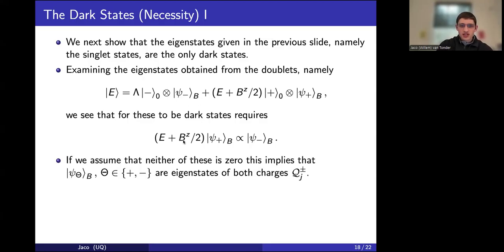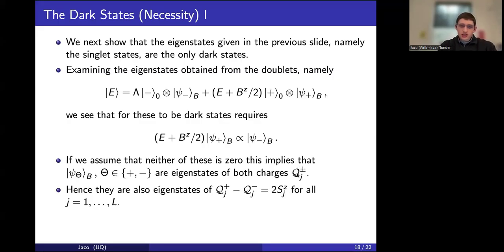And if that is the case, then that means that the psi plus and psi minus states have to be eigenstates of both of the charges. And if they are eigenstates of both charges, then they are certainly also eigenstates of the difference, so also of the SZ operator.